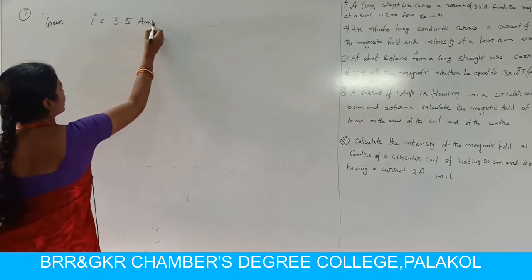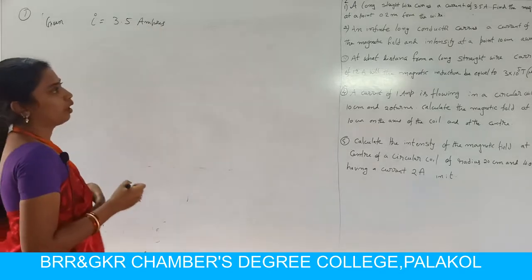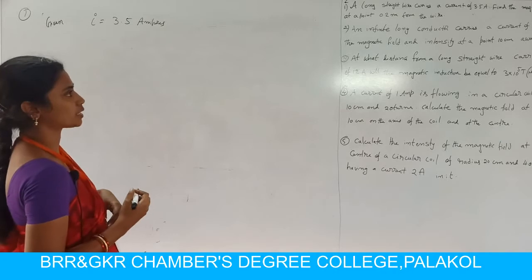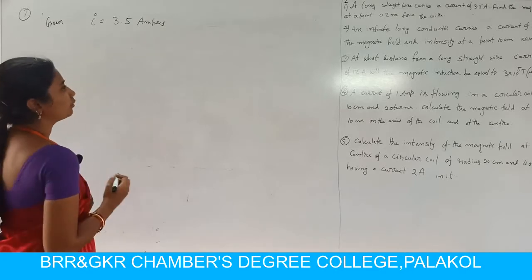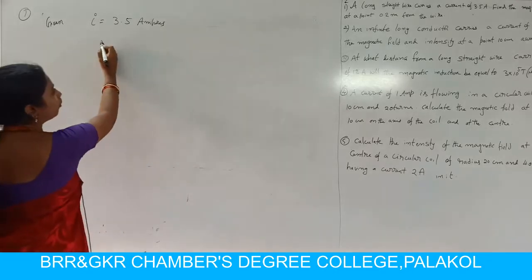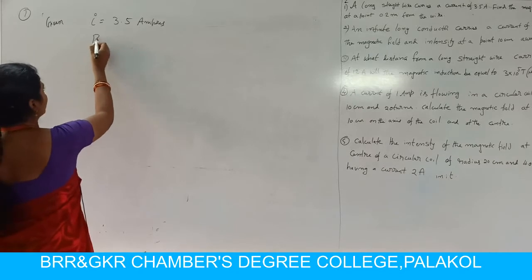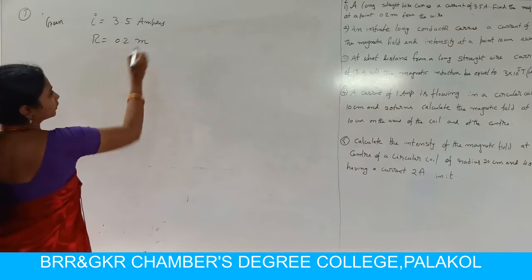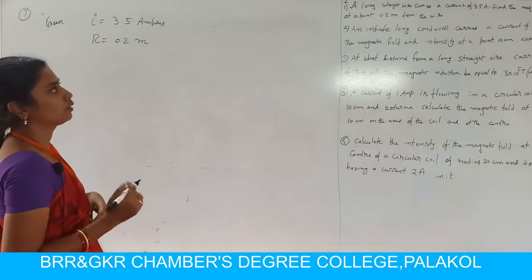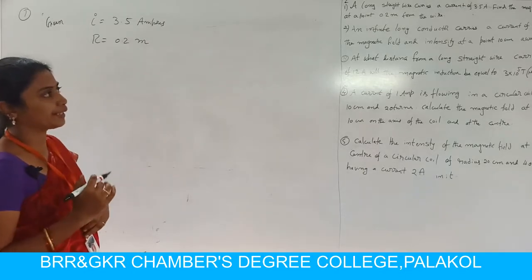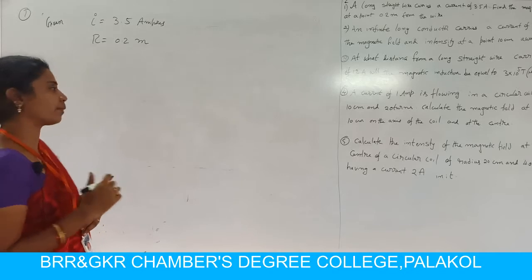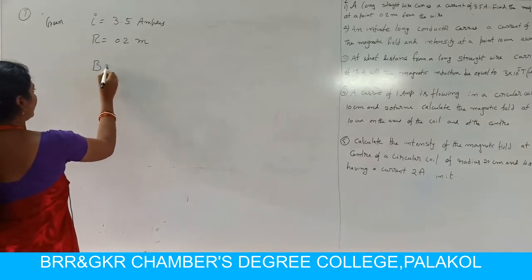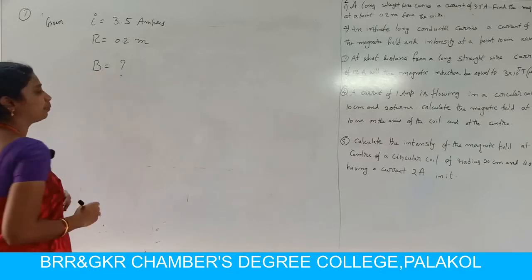The point is at a distance of 0.2 meters from the wire, so the value of R is 0.2 meters. We have to find the magnetic induction, which is indicated by the letter B. So, how much is B?